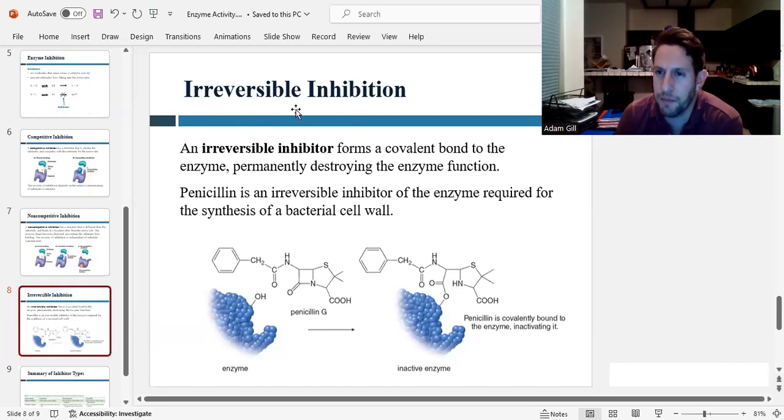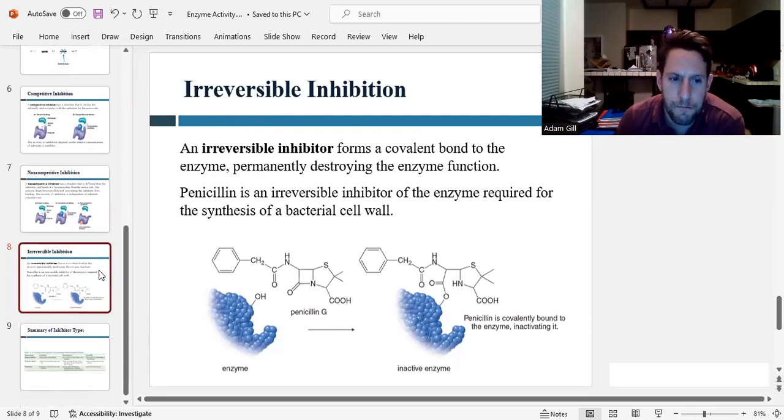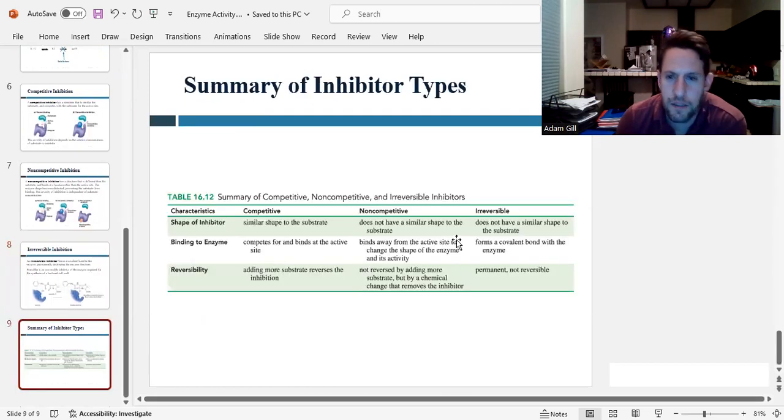So just an example of a type of irreversible inhibitor. There are many, many types of irreversible inhibitors. And so the last thing I'm going to show you here is this summary slide. And it shows you the 3 types of inhibitors and their characteristics. So the shape of an inhibitor. A competitive inhibitor is the same shape as the substrate because they both bind the active site. Non-competitive and irreversible have totally different structures.